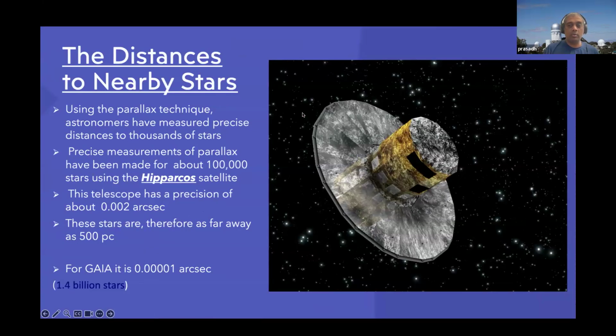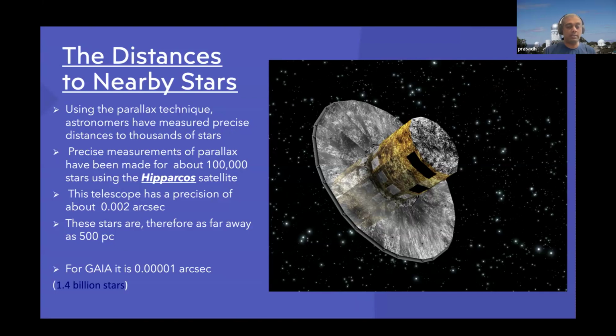Now you can see that with measuring distances this way, you can go a certain amount and then you have to stop, right? Even with the Gaia satellite, the measurements we are taking are still inside our Milky Way and for nearby galaxies. There are times we have measured stars in nearby galaxies using Gaia as well, but there is a limit.